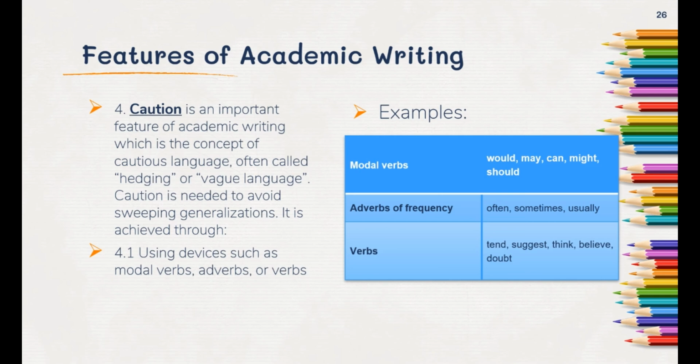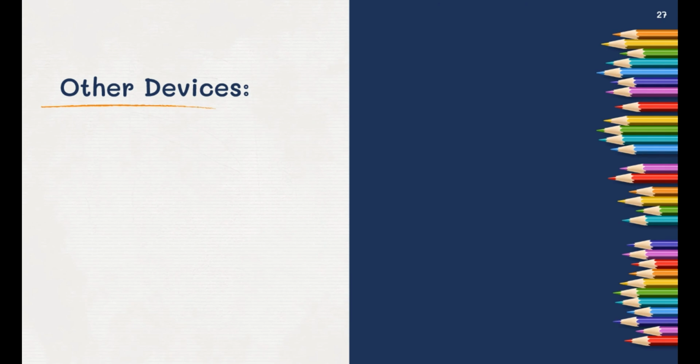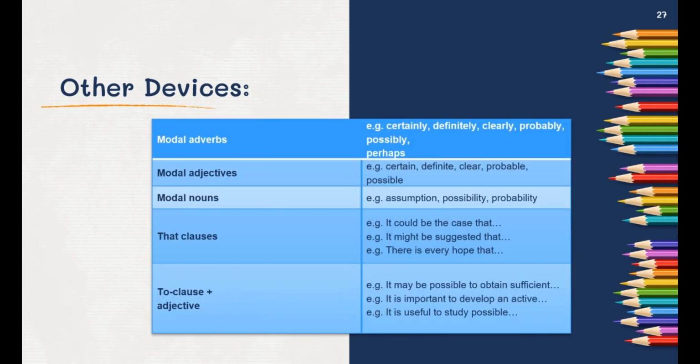There are also other devices you can use to show caution, like modal adverbs, certainly, definitely, clearly, probably, possibly, perhaps. Modal adjectives like certain, definite, clear, probable, possible. Modal nouns: assumption, possibility, probability.